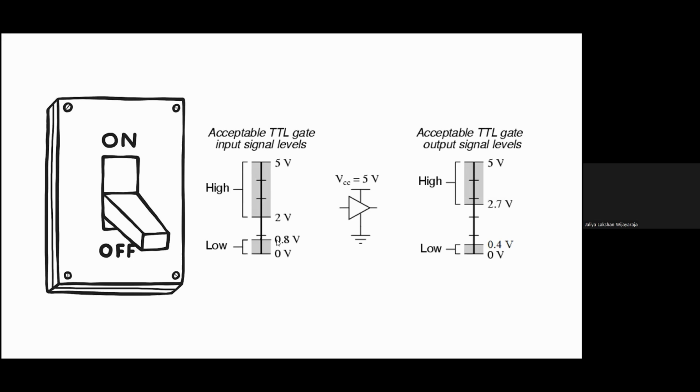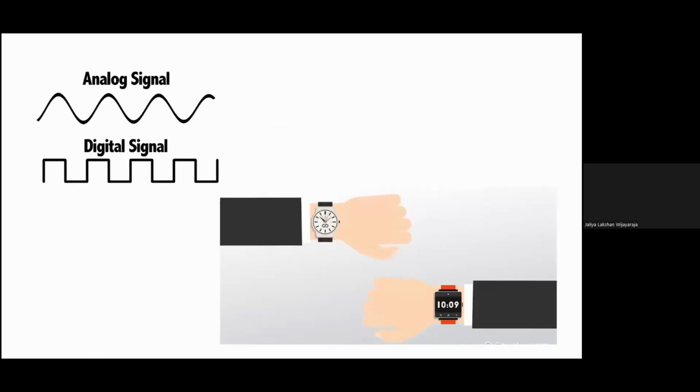So guys, we have two different systems in electronics, analog signals and digital signals. In analog signals, we can represent any value within the operational range. Let's assume you are using a system which has a ground and 10 volts. Your signal may have any value between 0 and 10.